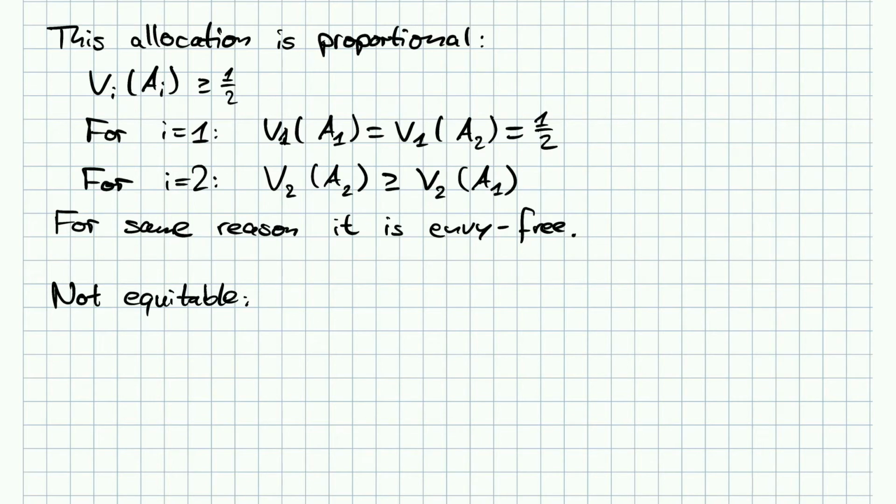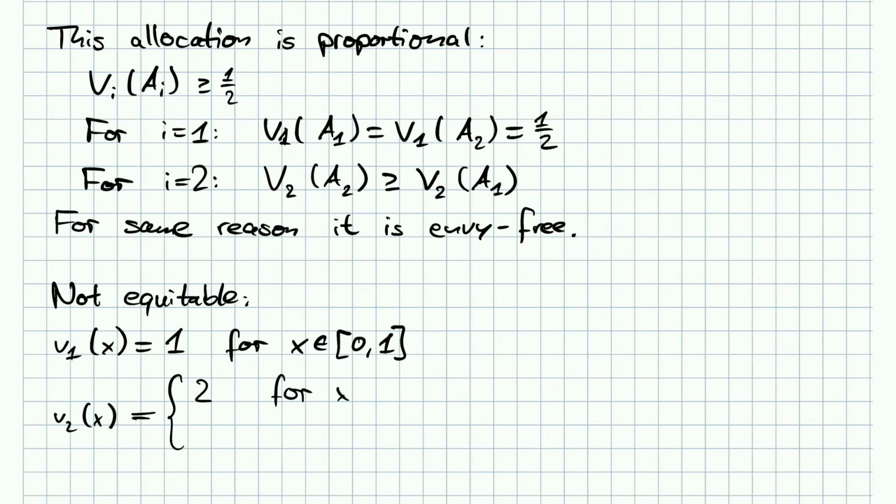Namely, we could have, for example, that the first agent has a value, or a density, of 1 everywhere, and the second agent now has a density of 2 in the first half, and a density of 0 in the second half.